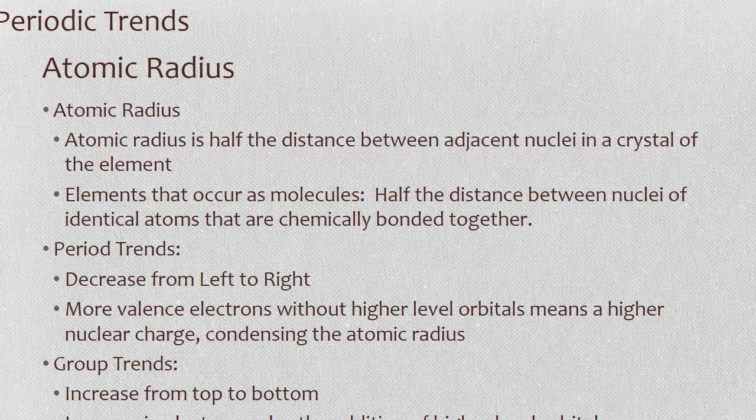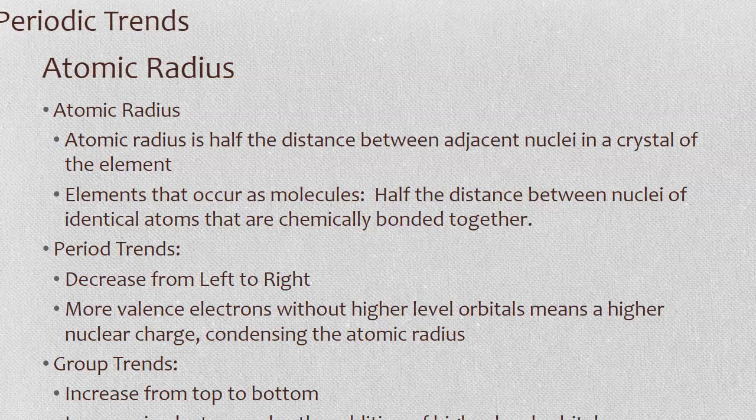So if you're reading the periodic table like a book, from left to right, the atomic radius is decreasing simply because there are more valence electrons. If you think of it like magnets, you have the positive center and the negative valence electrons. The bigger the positive and the bigger the negative, the closer they pull together, giving a tighter atomic radius.